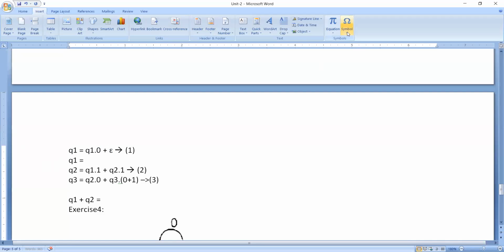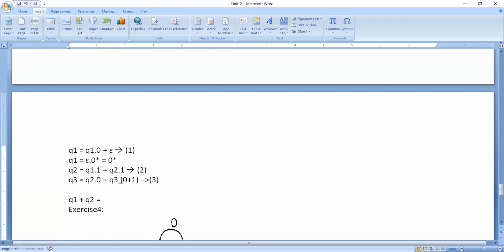What is Q here? Q is epsilon, and P star will be 0 star. Epsilon into anything results in that anything, so we are going to get 0 star.